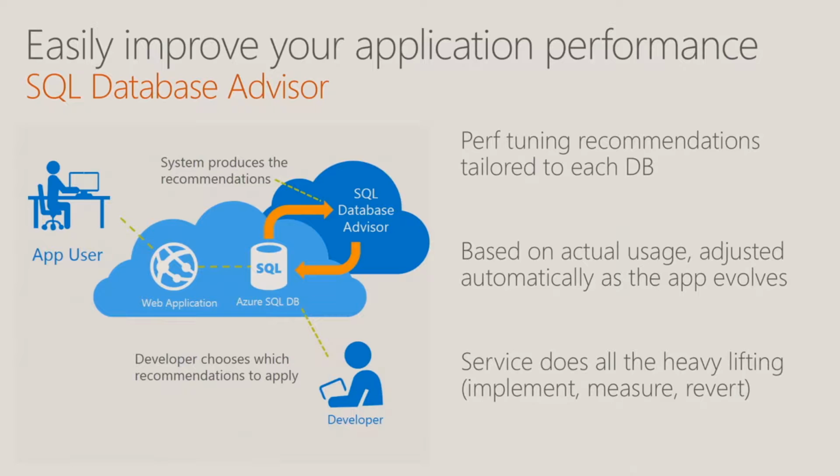It'll baseline the performance before the tuning recommendation was applied. It will then apply the recommendation, take another measurement of the performance, compare the two, and provide you with a report. And not only this, but if for whatever reason the impact to your application performance was not as expected or even negative, the service will automatically roll back the recommendation.